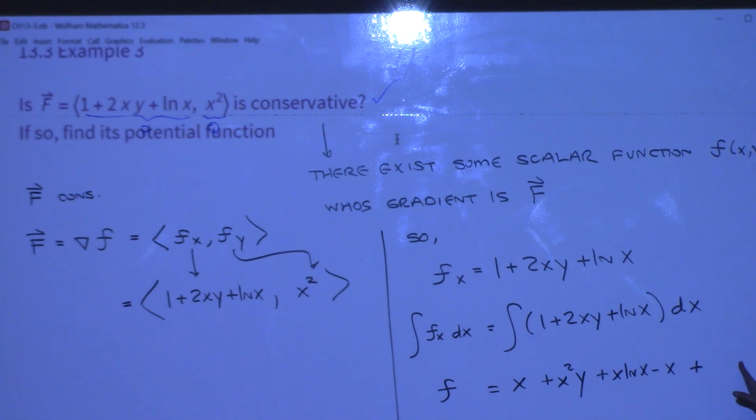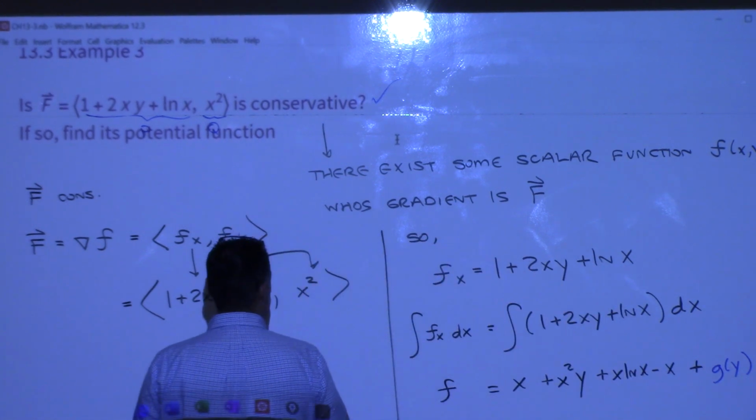So I'm not saying that this is just a constant. I'm saying that potentially this is something with y's in it. So I'm going to just put g of y. Some function of y potentially, right? Now it could turn out that it's just a constant. But I need to account for the fact that it might have some y's in it. That okay?